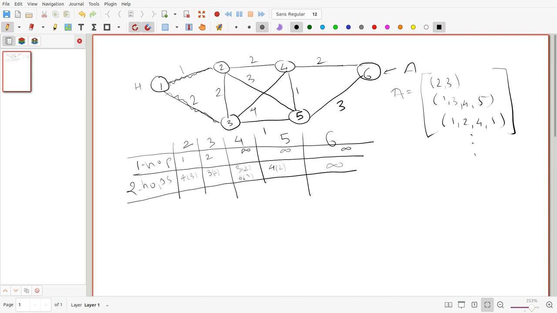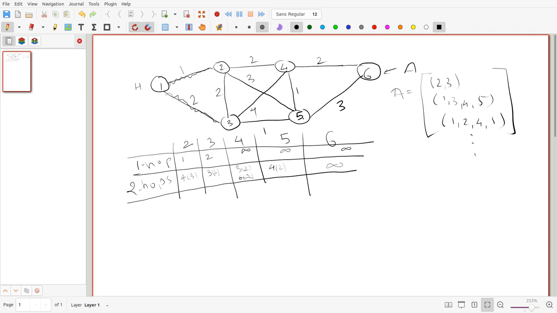So I better not write this one because it's more than 3. If I ever want to get to node 4, I would always choose to come via node 2 because it takes me 3 units of time. So from now on, if our calculated number happens to be more, we won't write it. We will always maintain the smallest amount of time it takes.